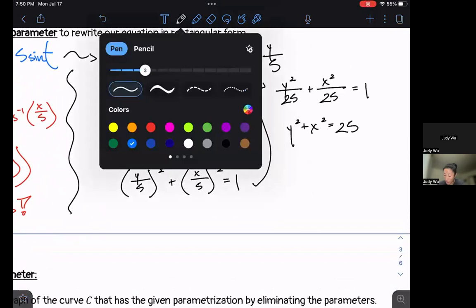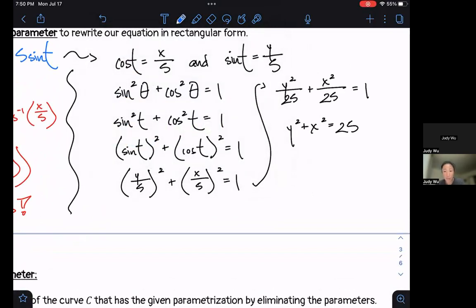Now, spoiler alert, in the next chapter, chapter 5, we're going to learn that if I have something of the form x squared plus y squared equals a number squared, then we actually have a circle with a radius that is the square root of this number. X squared plus y squared equals 5 squared.